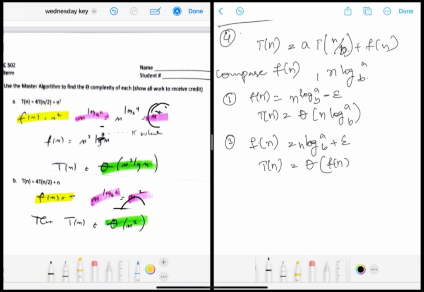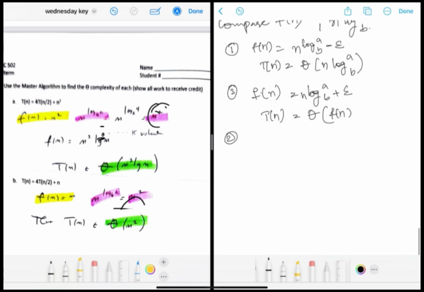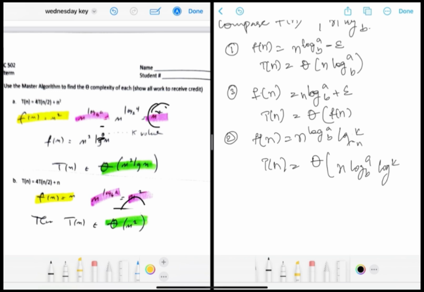Now we'll discuss the second case. The second case is f of n is equal to n^(log a to the base b) times log^k n. Then T of n is equal to theta of n^(log a to the base b) times log^(k+1) n.